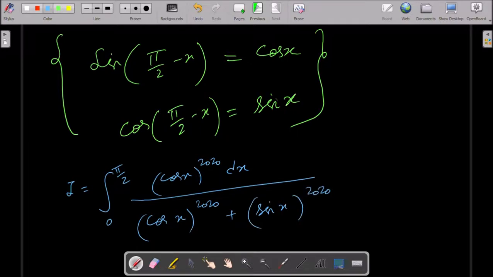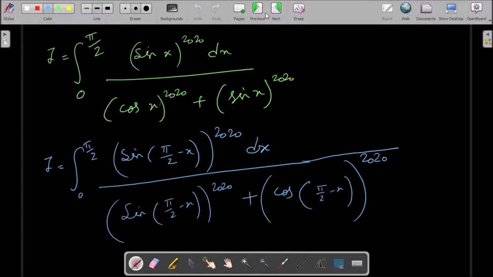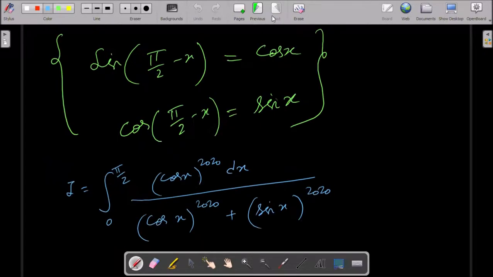So I is now this part. I have changed it. Previously I was this, as sin x was in the numerator and the denominator was cos plus sine. Now I has become this. Cos is now in the numerator and the denominator is the same as before.